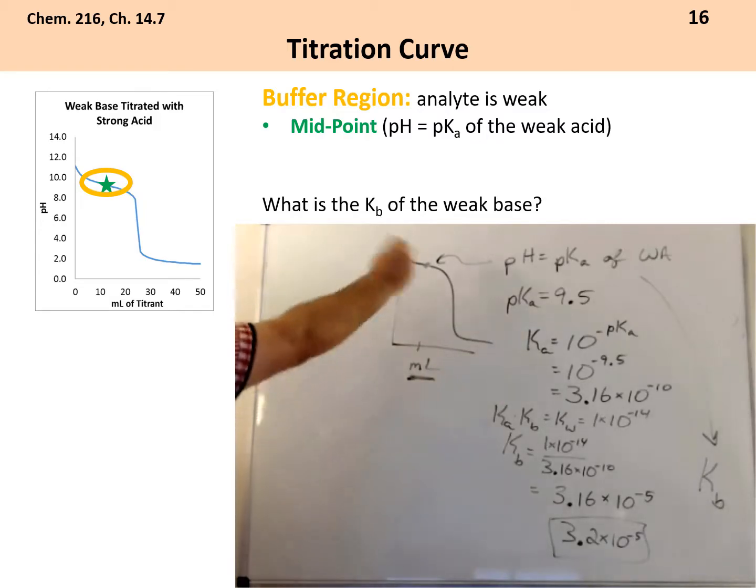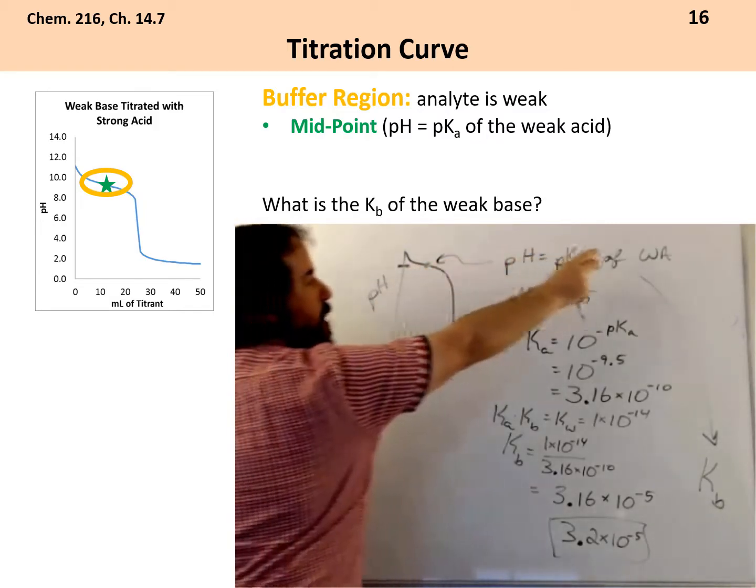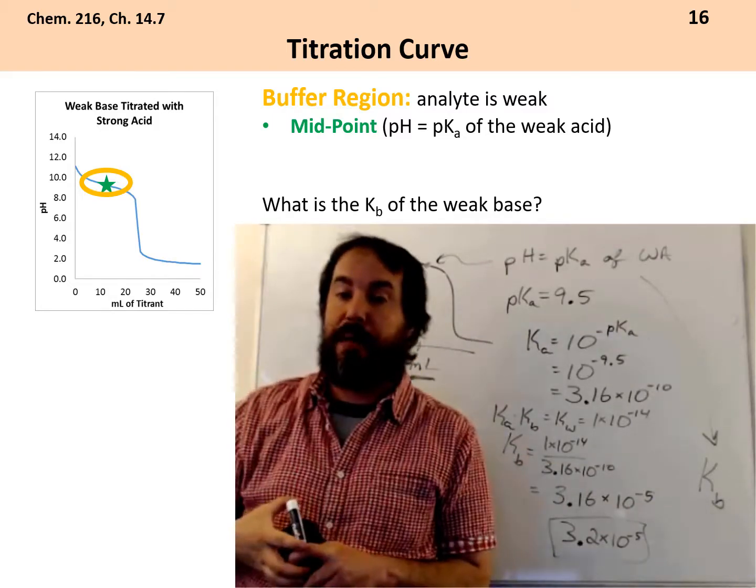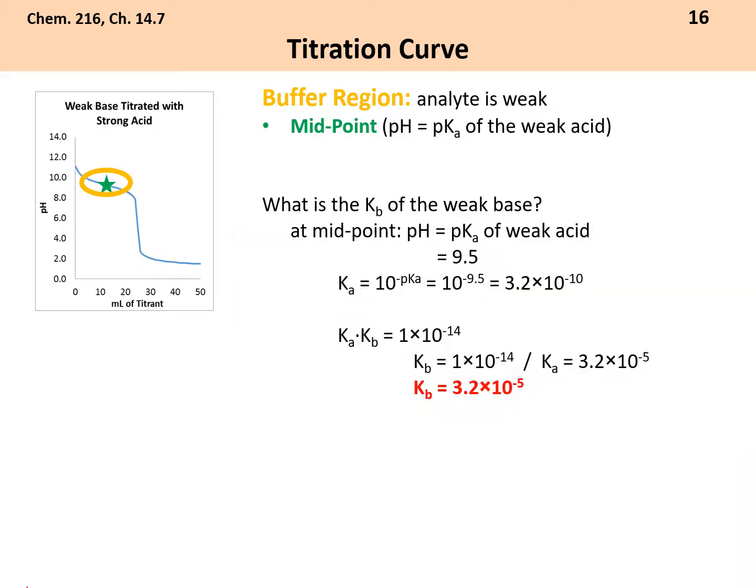So I look at the chart, that tells me information on my weak acid, and I can get information on my weak base based on that. Here it is on the screen. We start off by estimating our pH at 9.5. You may have chosen 9 or 9.6, whatever. Plugging that in to find our Ka, and then using Ka times Kb equals Kw to find Kb.